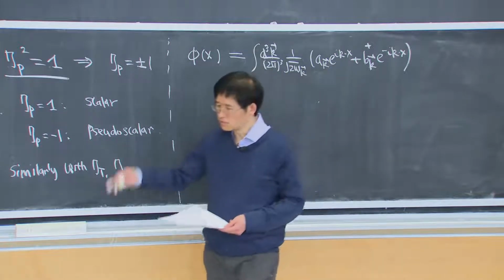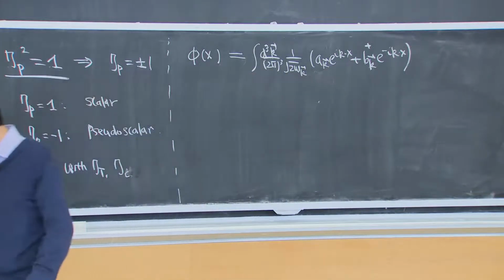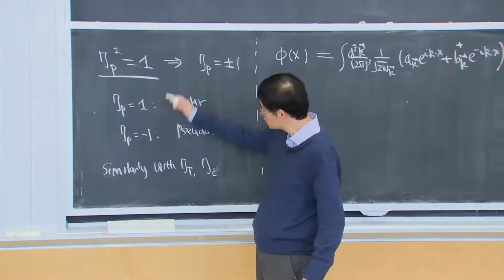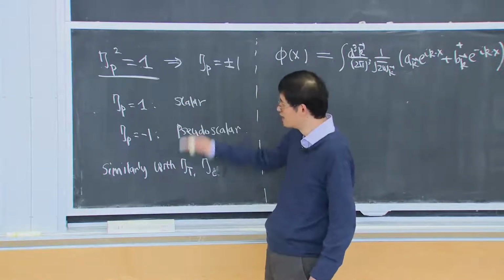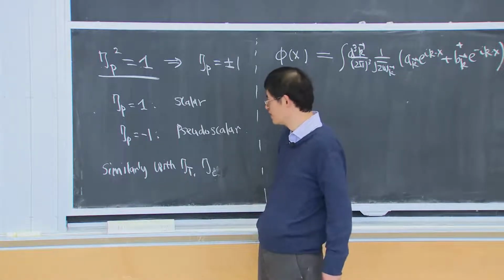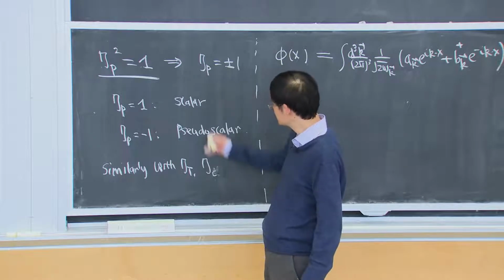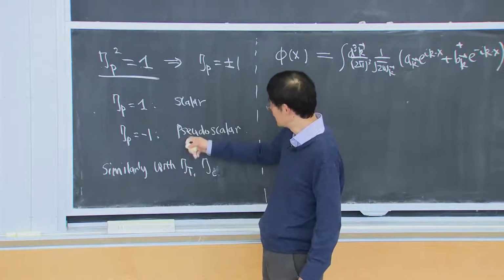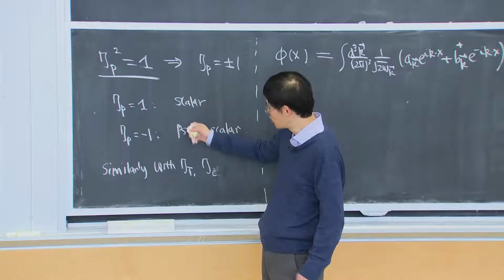It's getting complicated. You can try to invent 8 names for this; there are 8 possibilities, and people normally don't bother to invent 8 names for it. Since parity is often used, they just talk about the parity.